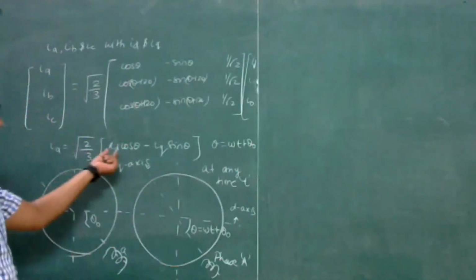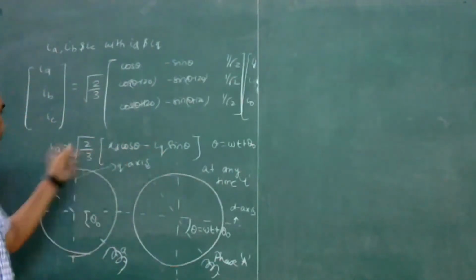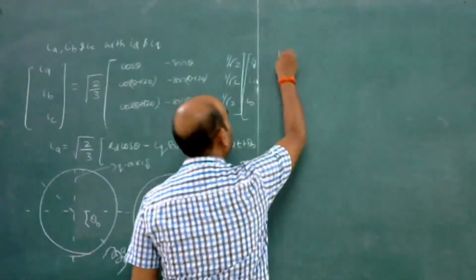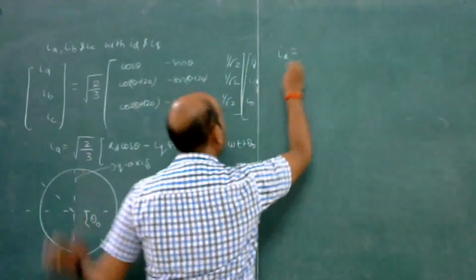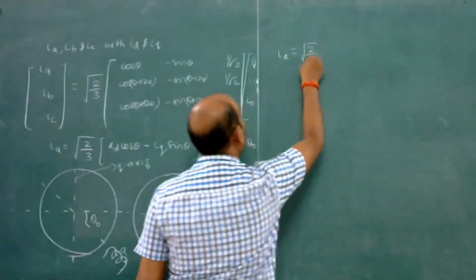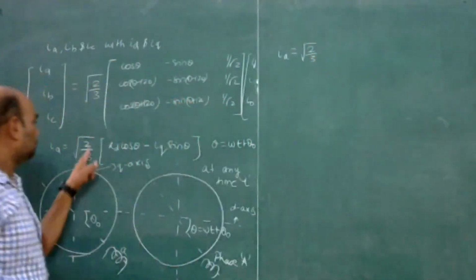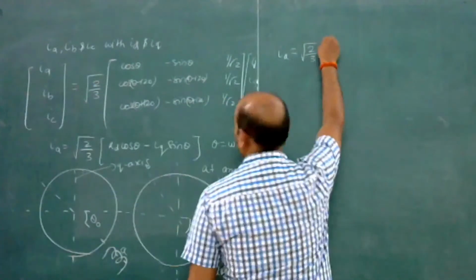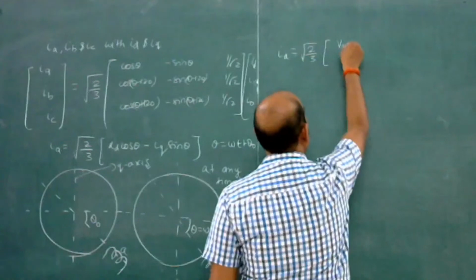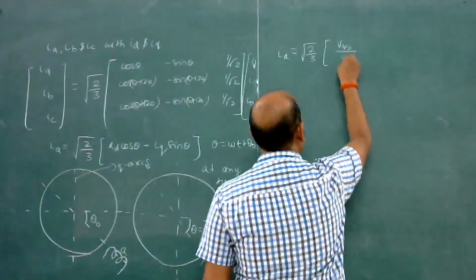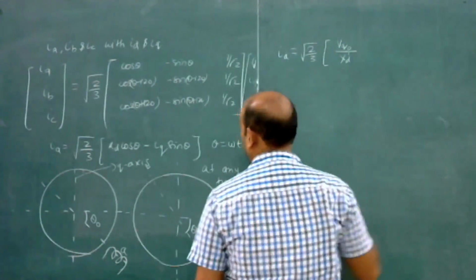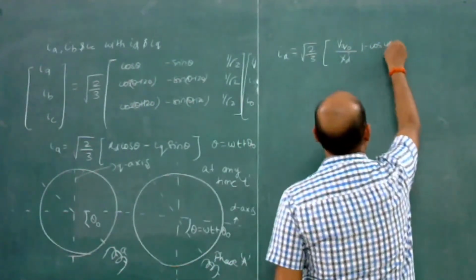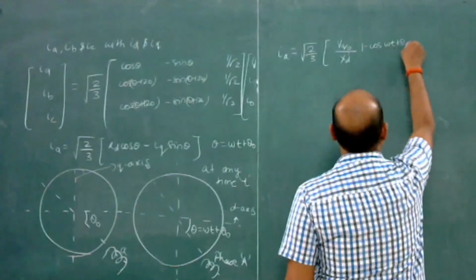Okay, so now we will substitute the value of ID and IQ in this equation, and we will get IA. So IA is equal to root 2 by 3, and ID is VQ naught upon XD dash times (1 minus cos omega t), with theta replaced by omega t plus theta naught.